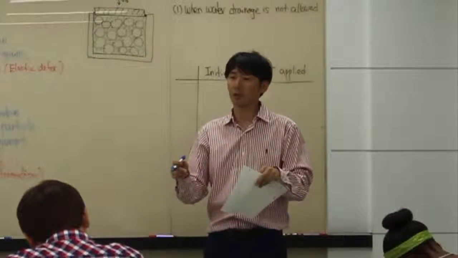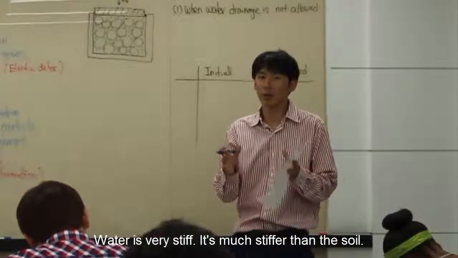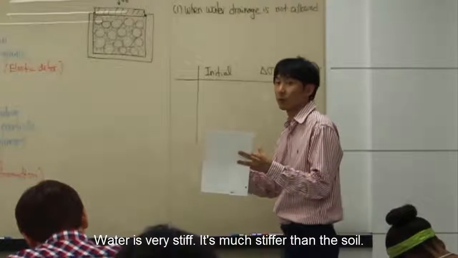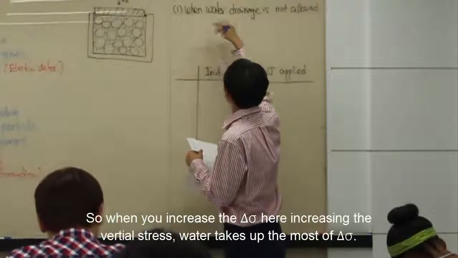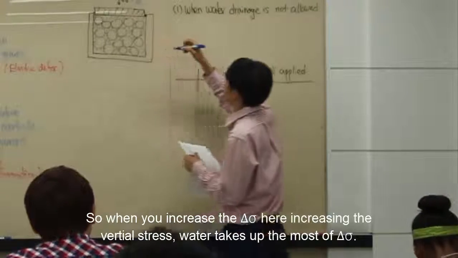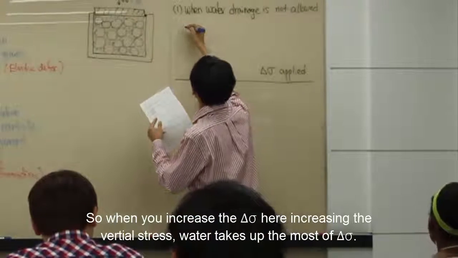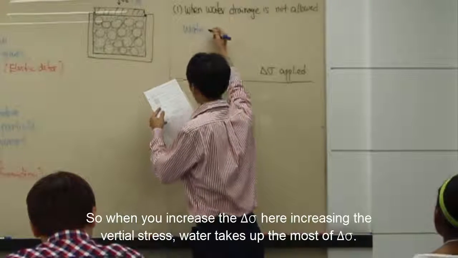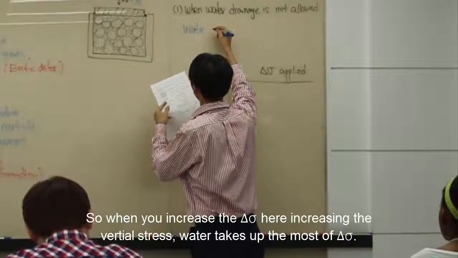Because water is very stiff, much stiffer than the soil, when you increase the delta sigma here, you increase the total stress, and the water takes up most of the stress.